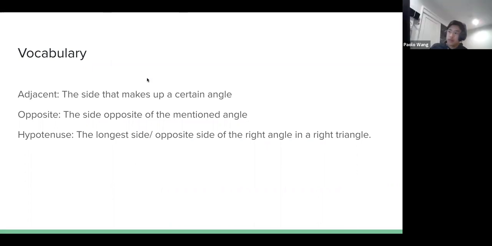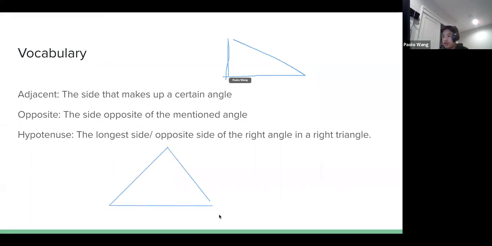Alright, so vocabulary. Adjacent is the side that makes up a certain angle. This definition isn't that good, but I'll just show it here.